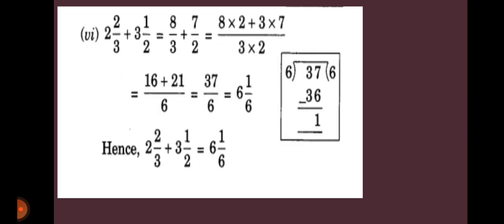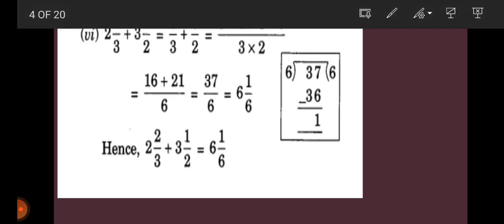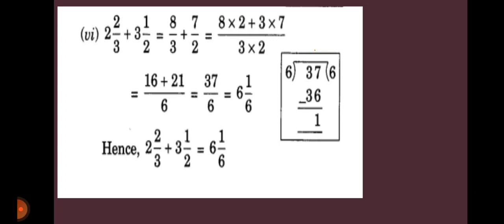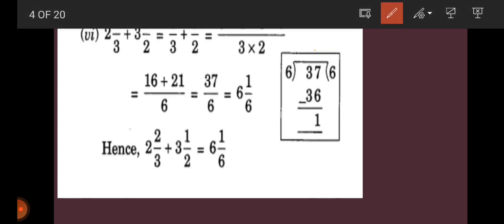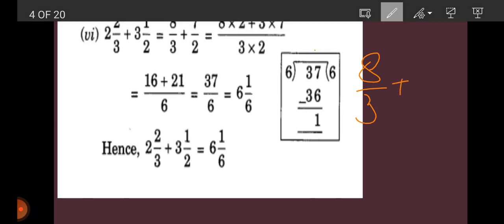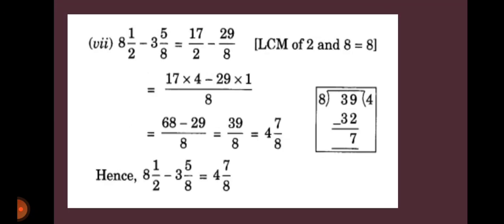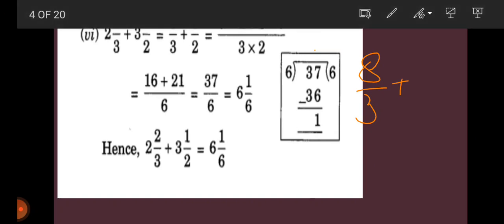First here we solve the mixed fractions, and then we take the LCM and solve simply. Let me explain. Here is 8 by 3 plus 7 by 2, so the LCM is 6.